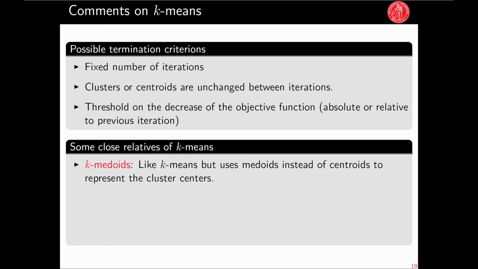One other thing, some other variations of k-means worth mentioning. So one is k-medoids. Remember when we talked about how to represent classes in the previous lecture? We talked about these instance-based representations of classes. We said that medoids could be one variation.